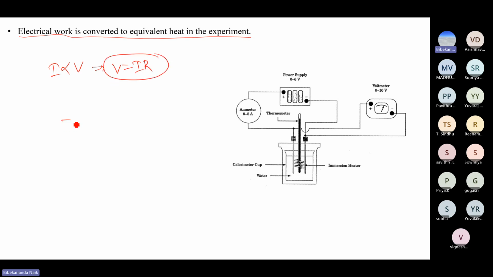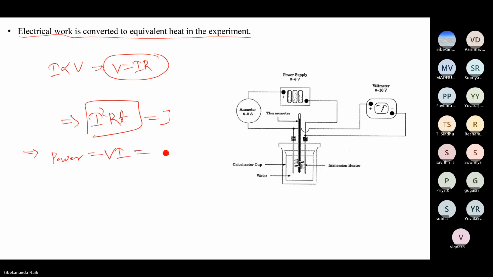And when current flows through a resistance, then there is heating, which is called I square RT. This is called Joule heating, is it not? So if you write in terms of power, we know power is equal to VI, and V is equal to IR, so similarly it will be I square R.